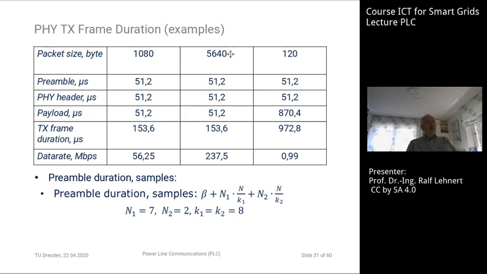If we have a much longer packet size, which we can eventually use in the case of a good channel and doing, for instance, firmware updates, then the data rate can be above 200 megabits per second. The opposite case, bad channel, high overhead, then the data rate is below 1 megabit per second, even in the frequency range of up to 80 megahertz.